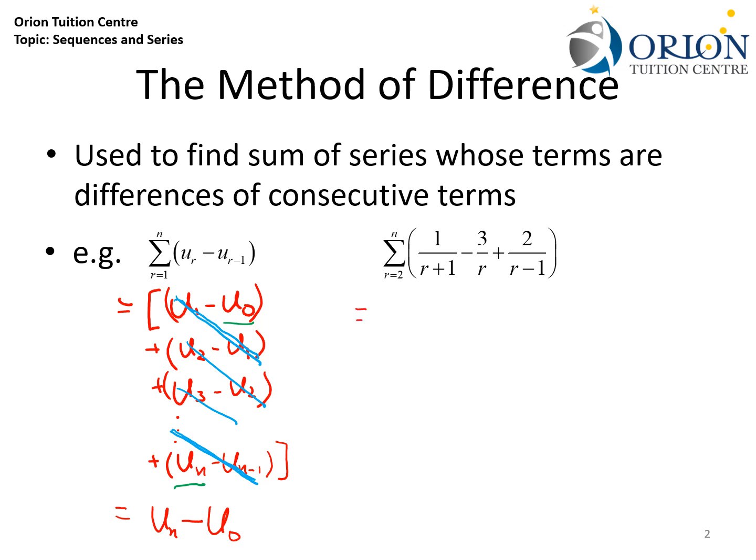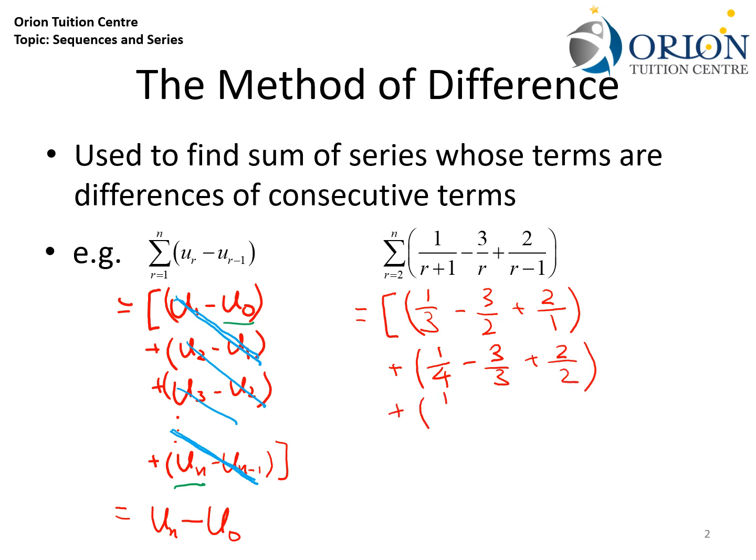Likewise, in this second example, we can expand it vertically to write 1 over 3 minus 3 over 2 plus 2 over 1 as the first term when we substitute r equals 2 in, plus the second term, which is 1 over 4 minus 3 over 3 plus 2 over 2. And we can have a third term of 1 over 5 minus 3 over 4 plus 2 over 3, and so on.